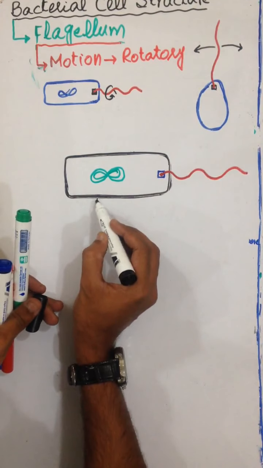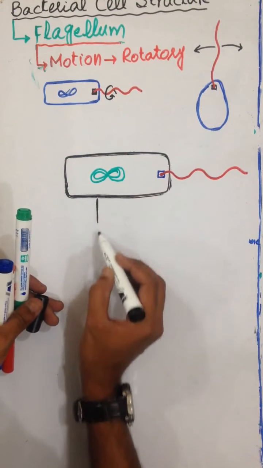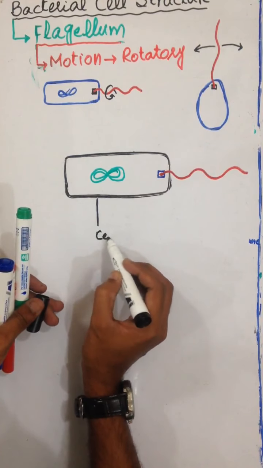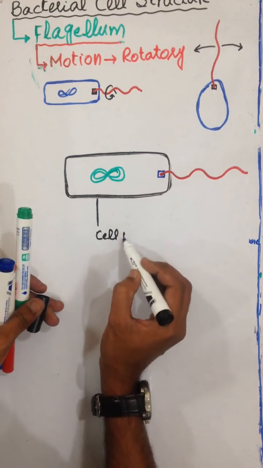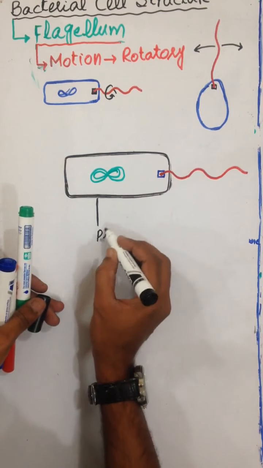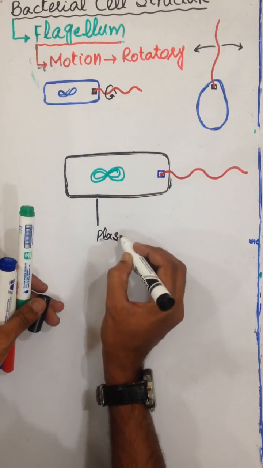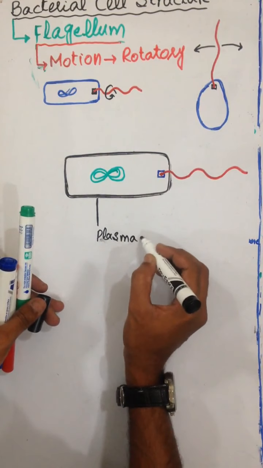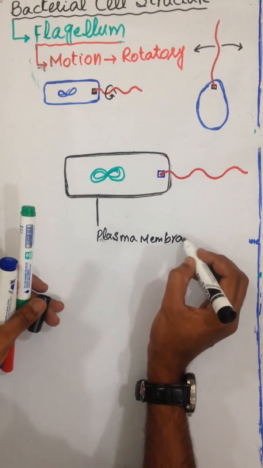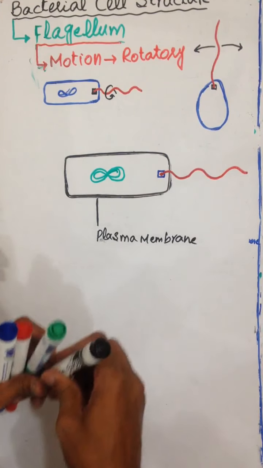This is called the plasma membrane or cell membrane. Let me write it as plasma membrane.